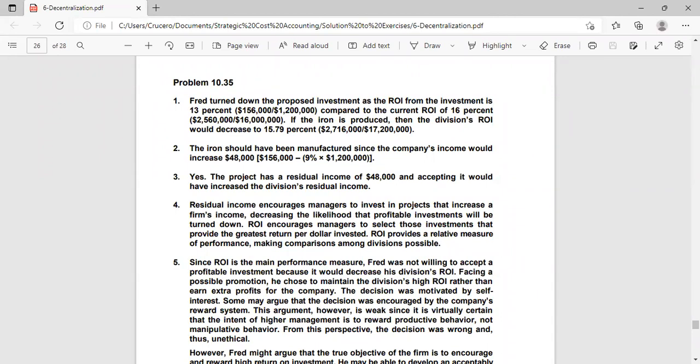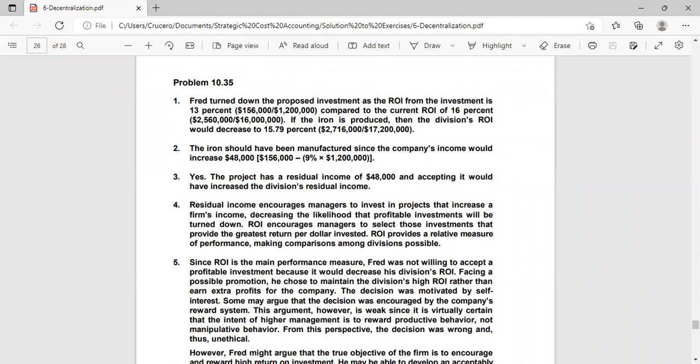That's 156,000, the actual profit, less the desired rate of return, normally at 9%, multiplied by the added capital of 1.2 million.